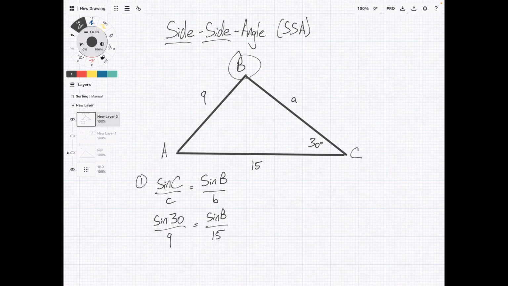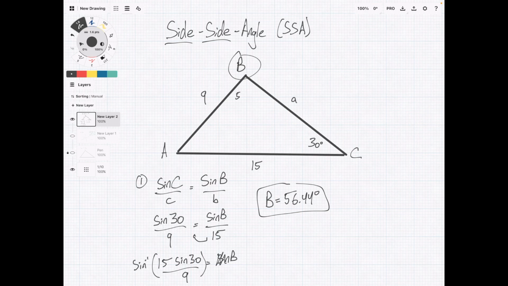Then we can multiply across by 15, so we'll have 15 sine of 30 over 9 equals the sine of B. And if we do the inverse sine of this, plug that into your calculator, B is going to come out to equal 56.44 degrees. Cool. So we'll add that to our diagram.